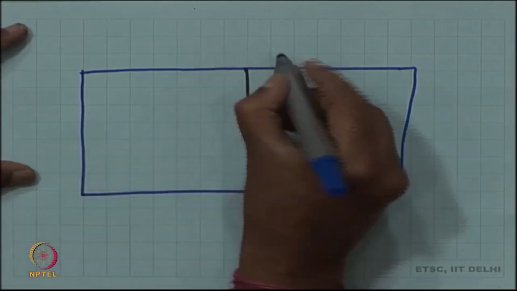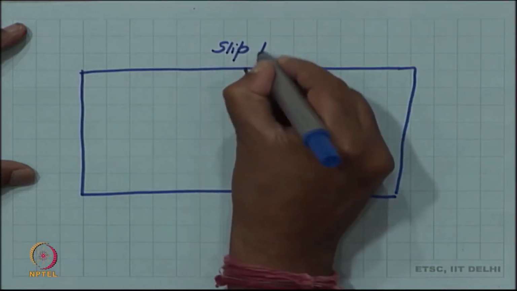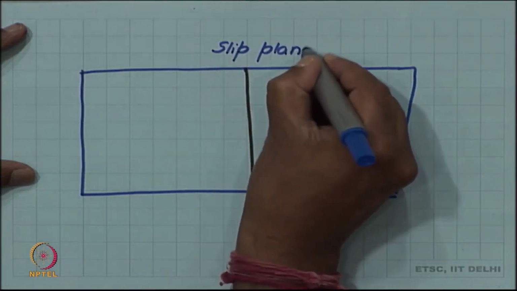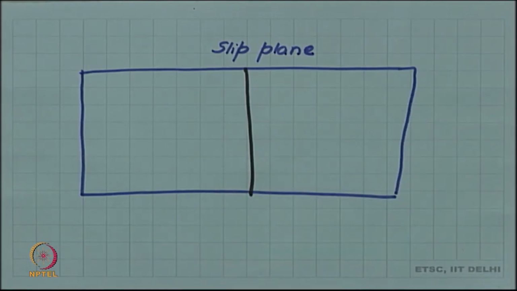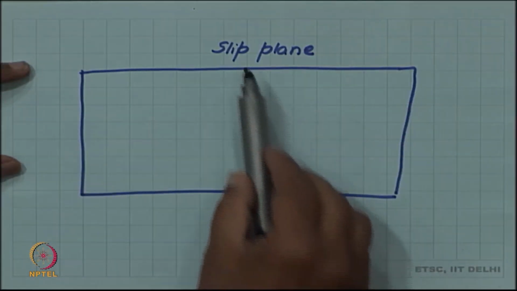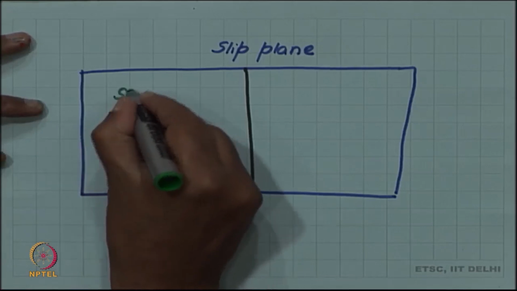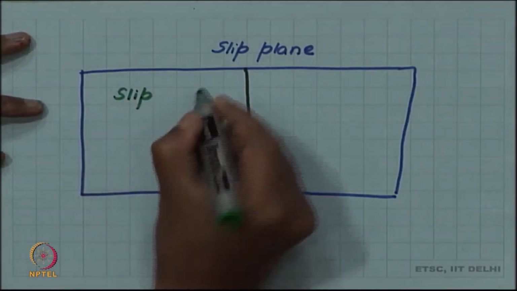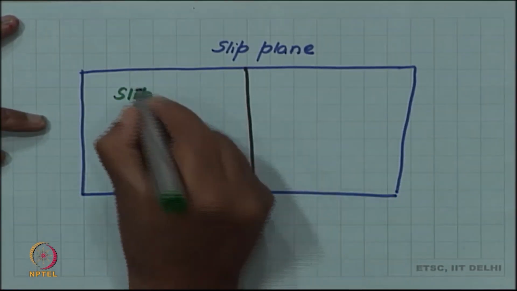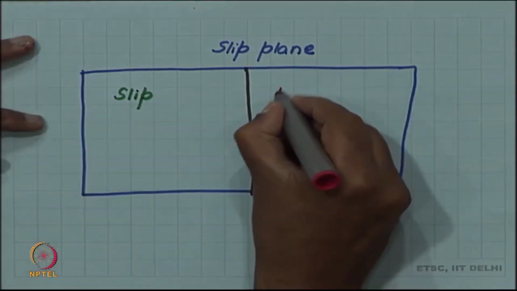So, this plane I am calling the slip plane, and the slip plane is divided into two sides by a line, such that on one side you have a slip region side, and the other side you have no slip.